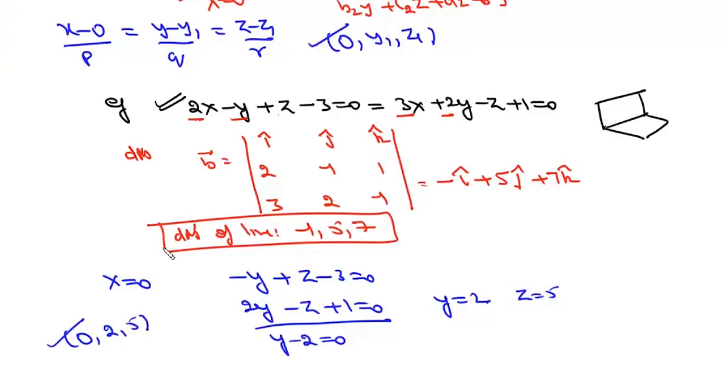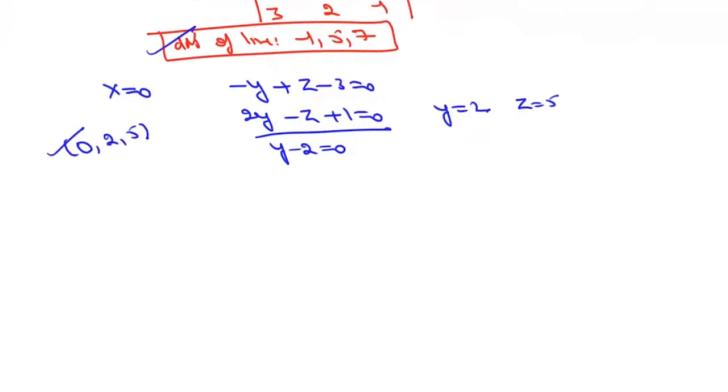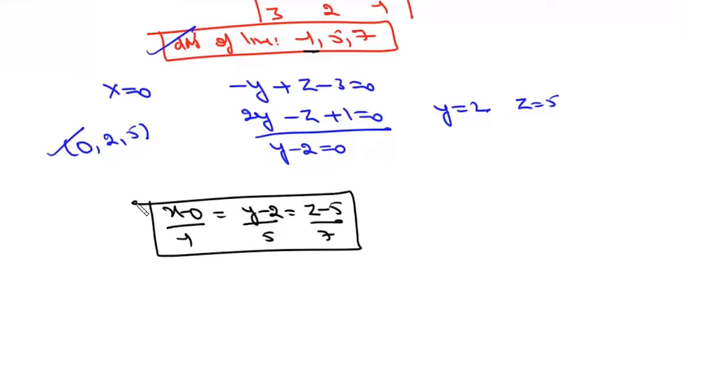Now once we have this point and direction ratios, we can write the equation of this line as x minus 0, y minus 2, z minus 5 upon their direction ratios, which are minus 1, 5 and 7. So this is the equation of the line in symmetrical form, or the line of intersection of the two given planes.